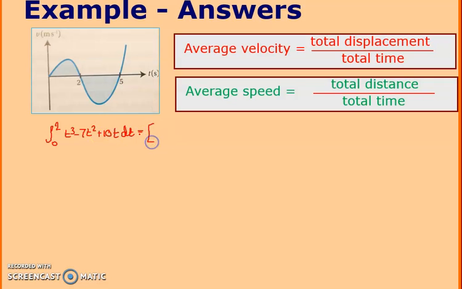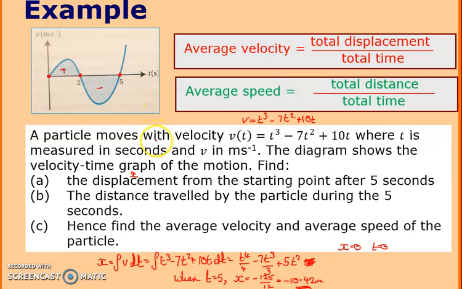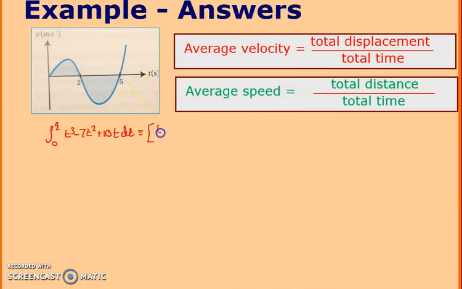The advantage is you can just put the limits of the integration in. I already know the answer is t to the 4 over 4 minus 7t cubed over 3 plus 5t squared. Then you put 0 and 2 in. That will tell me how far it travels in the first section of the journey.